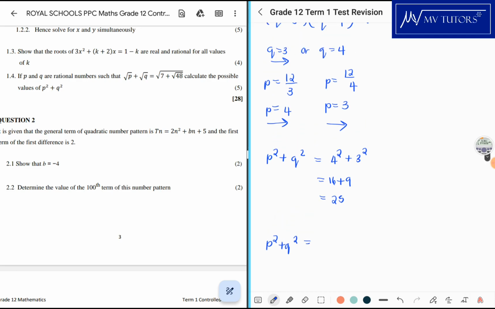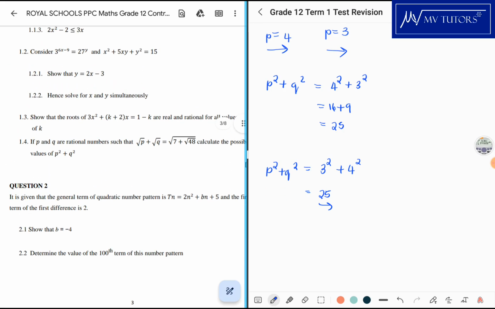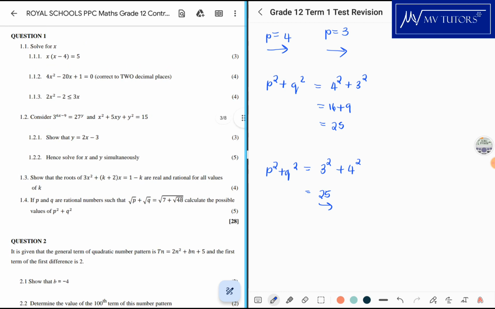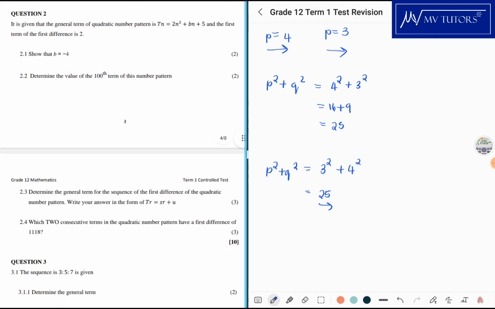I have p as 3 and q as 4, and it's the same. 3 squared is 9, 4 squared is 16, 9 plus 16, that is 25. So basically, p squared plus q squared is 25. And that ends it for question 1.4. But question 1 in general, this is where we ended off. And we're going to now look at question 2.